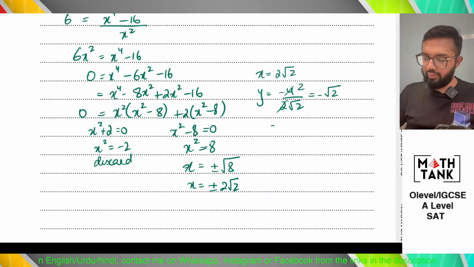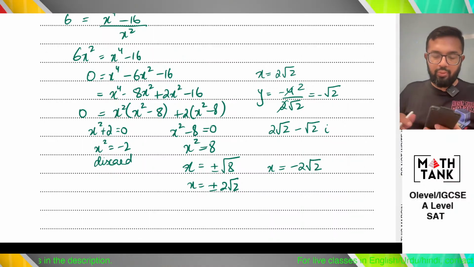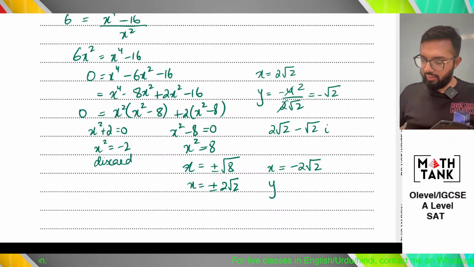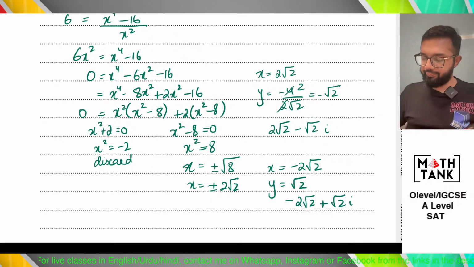So one of the square roots is 2 root 2 minus root 2i, and when x is minus 2 root 2, then y is simply root 2. So minus 2 root 2 plus root 2i.